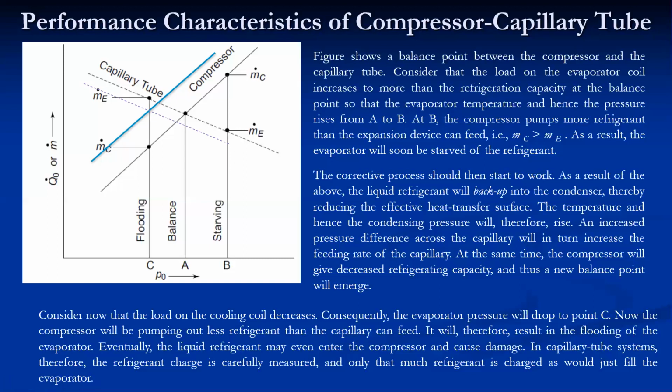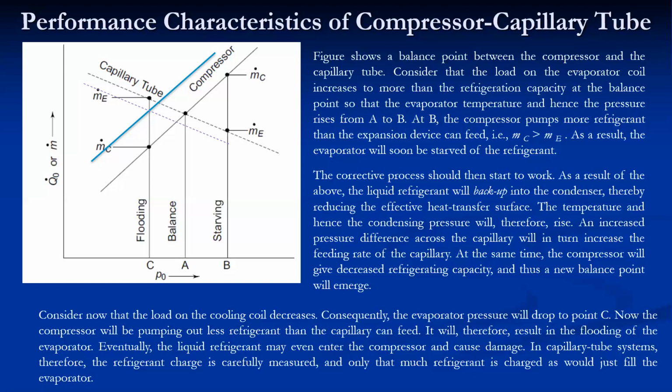So this is the beauty of the compressor capillary unit. Even though there is a change in an operating parameter, like the change in evaporating temperature we have discussed, the unbalanced condition that arises is still temporary. After a certain period, the balance condition emerges again. So this is the way the compressor capillary tube system works.